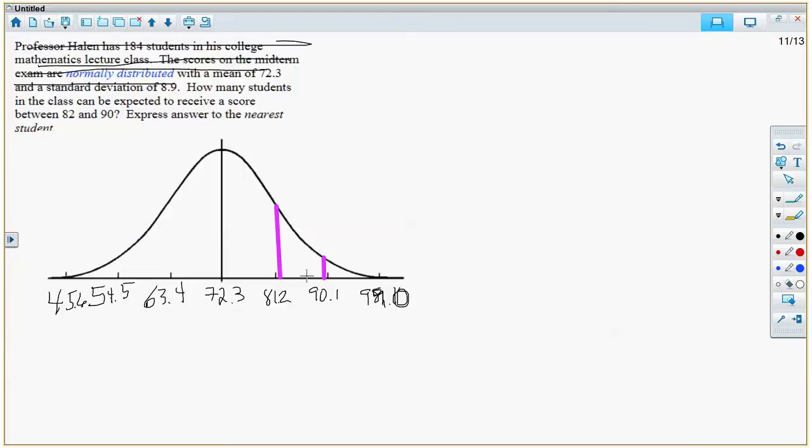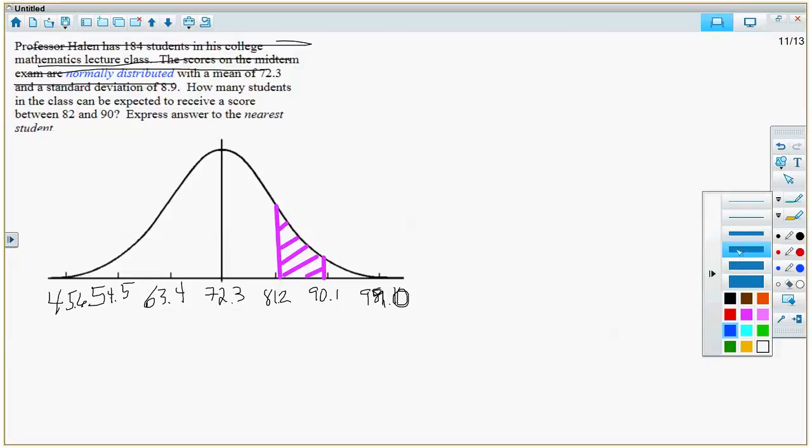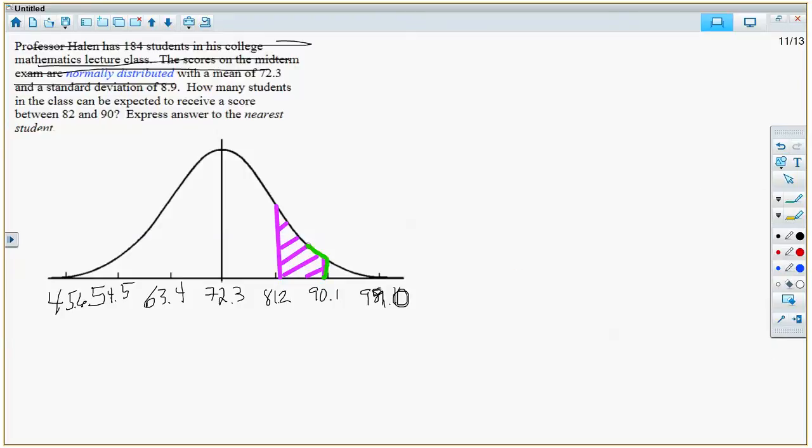So you're wanting this area right here. Now, to get that area, you've got to take the, I'm going to say green area, which is at 90.1. And you got to subtract the what?